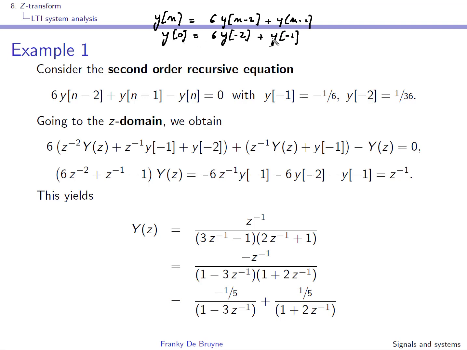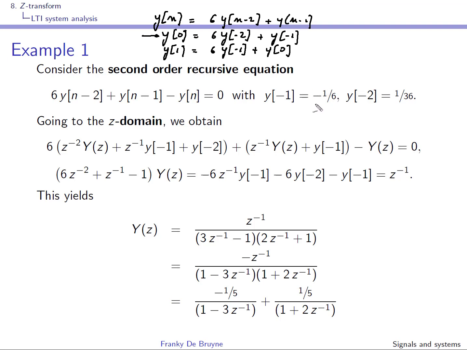And once you have y(0), you can also compute y(1). You notice that I have put n=0 in this equation, and to have y(1) I plug n=1 in here, so I have 6 times y(-1) plus y(0). And y(0) has been obtained by this equation.